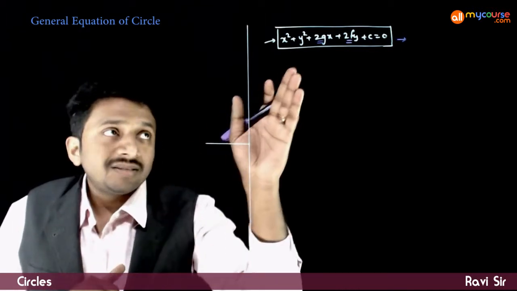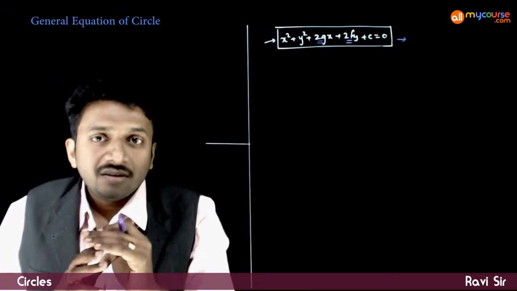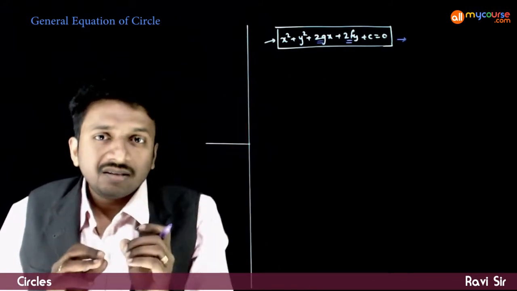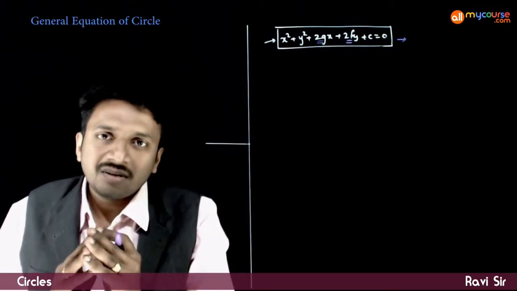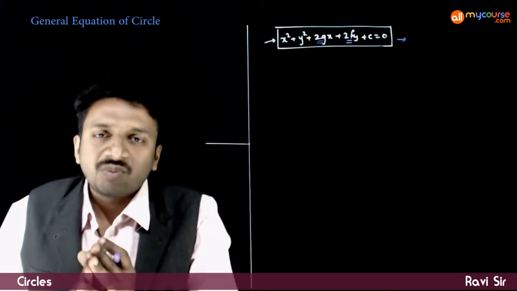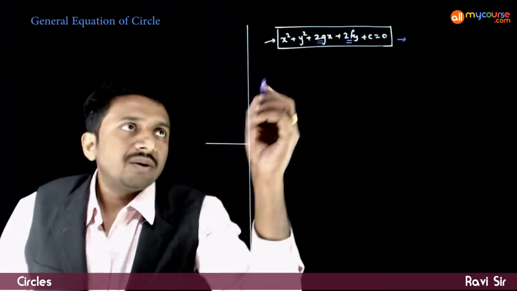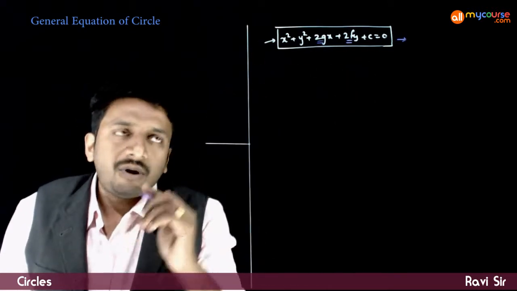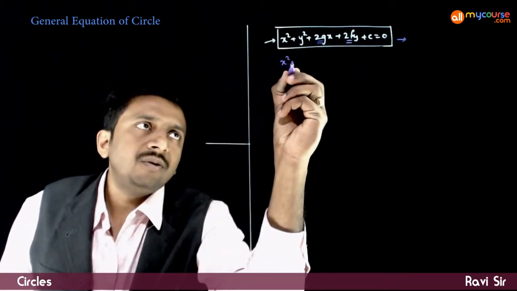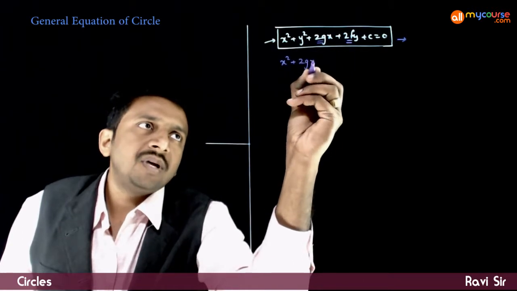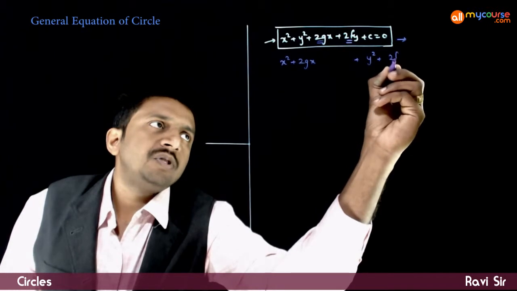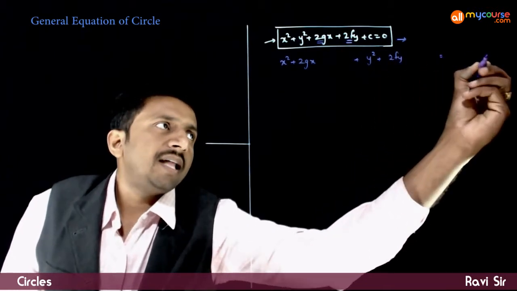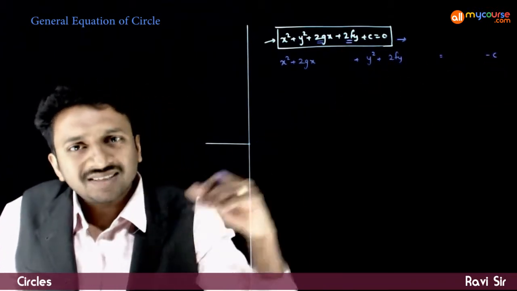Now, what is the center of the circle? To find the center of the circle, the simple way is to convert this into standard form, and then you can compare the corresponding terms. To convert this into standard form, I'll first group my x terms together and y terms together, and I'll separate the constant and send it to that side.